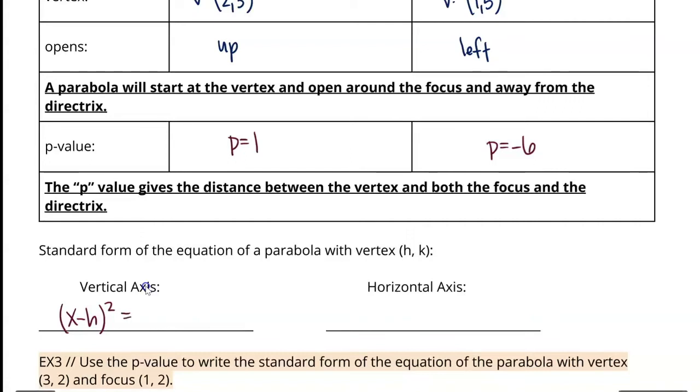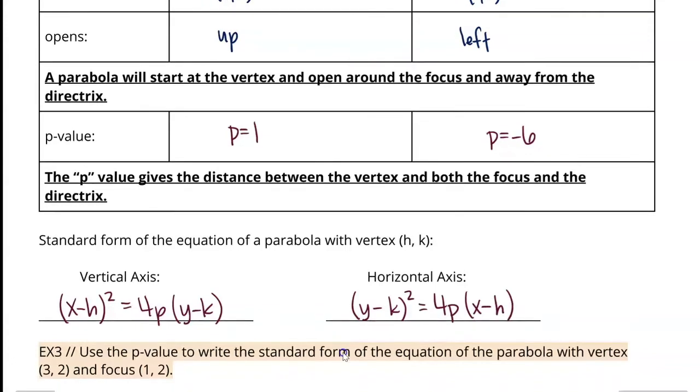And then on the right, you put everything else, and you want to factor a 4p out because that's going to give you both the y-coordinate of the vertex and some more information, right? If it's a horizontal axis, which means it opens left or right, it will flip-flop these two pieces. So the y stuff is the piece that will be squared, so y minus k squared, and that will equal 4 times p times the x stuff.